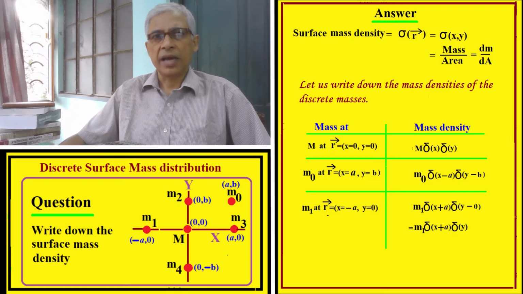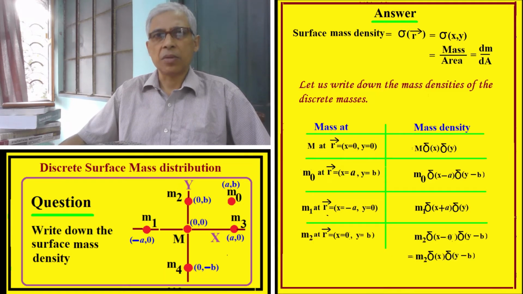The mass m1 at x equal to minus a and y equal to 0 corresponds to a mass density of m1 into Dirac delta of x minus a multiplied by Dirac delta of y minus 0. That is, it turns out to be m1 into Dirac delta of x plus a into Dirac delta of y. And similarly, we get the mass densities of the remaining masses as shown in the slide.